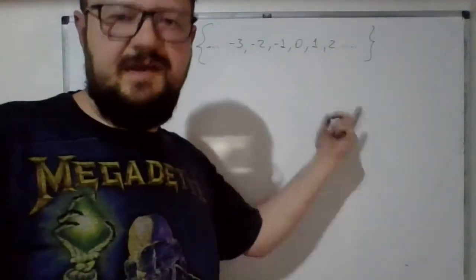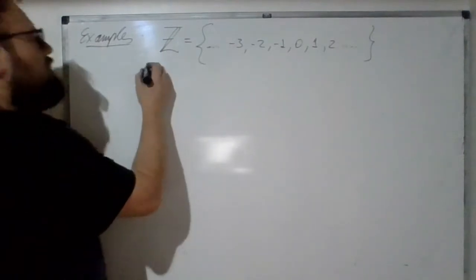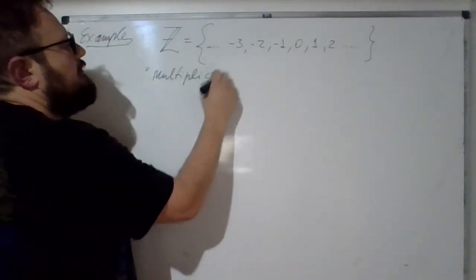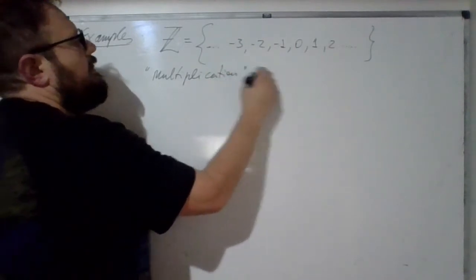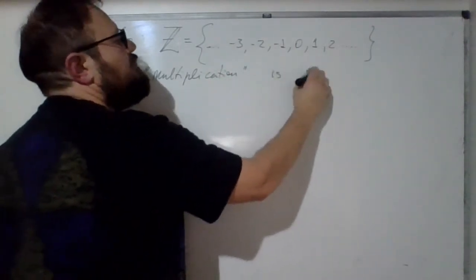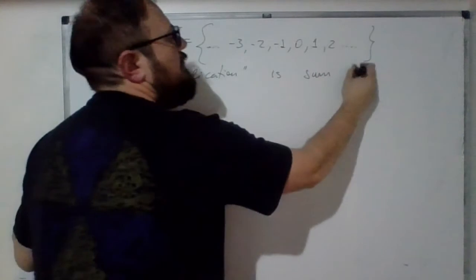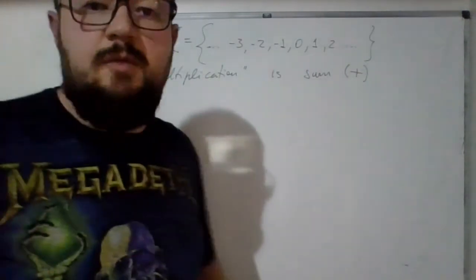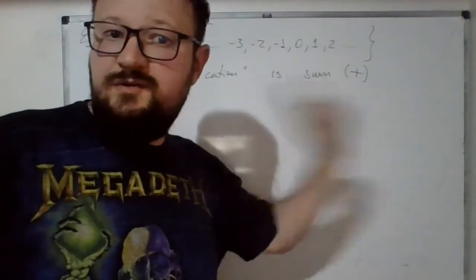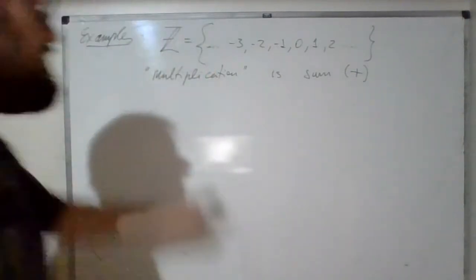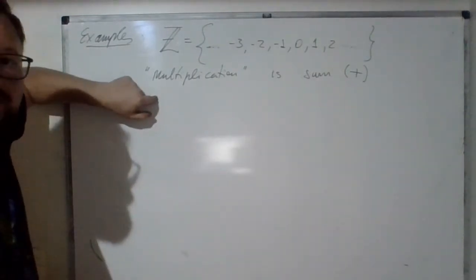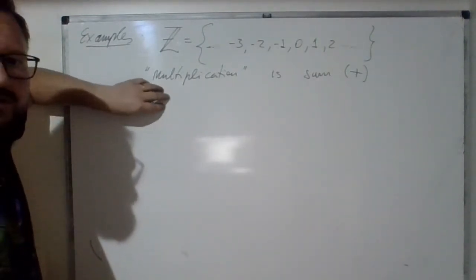All right, this is the set. And our multiplication is sum, or this symbol here, for our group operation. So the group operation is the sum of two numbers.